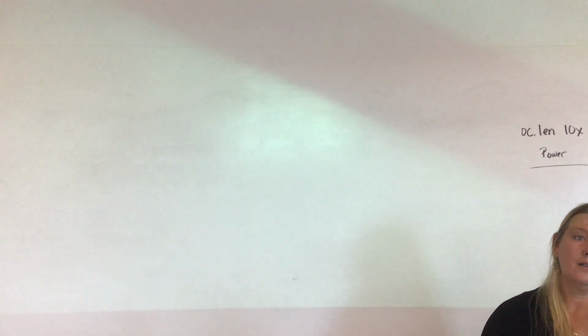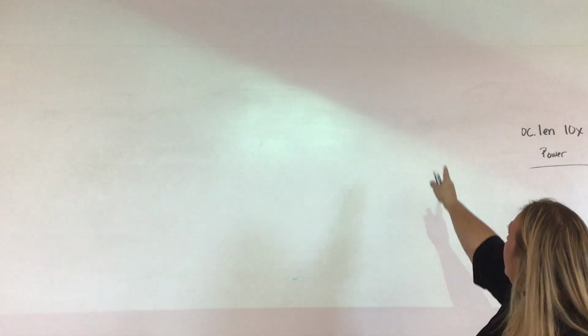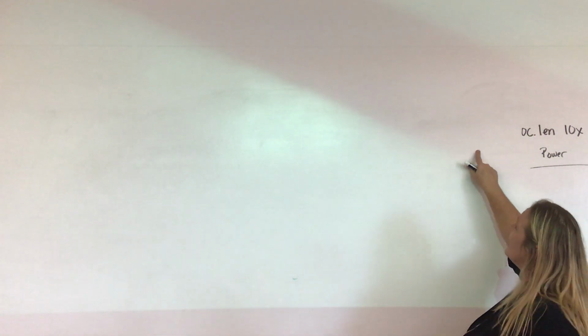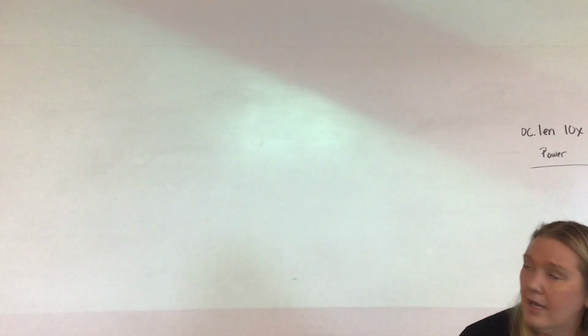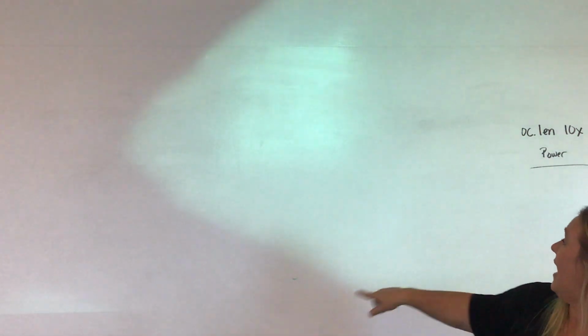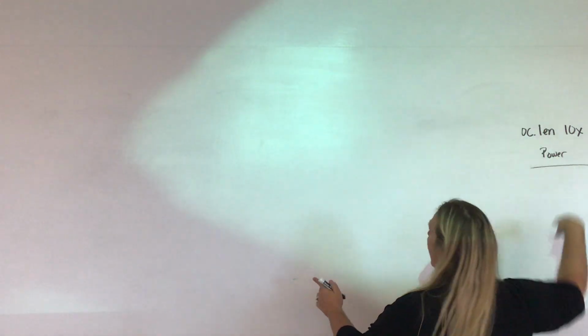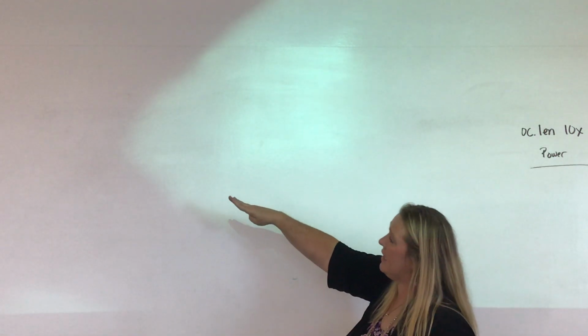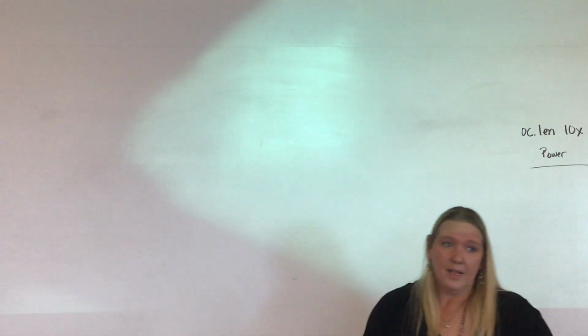I might need to turn the light down. Where you can see, we're only seeing part of that. If I was to gently move this, we can see that we're only seeing part of the top of that. So it would be the top loop of the E, and then the hook at the bottom is off.